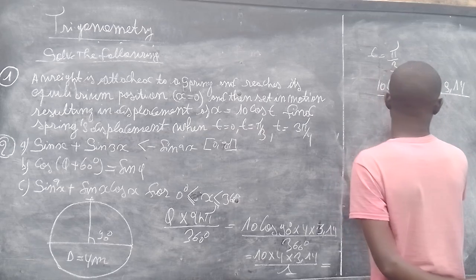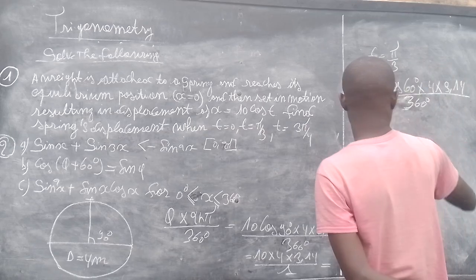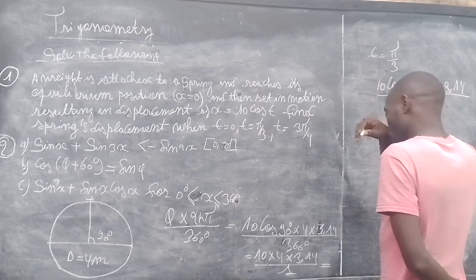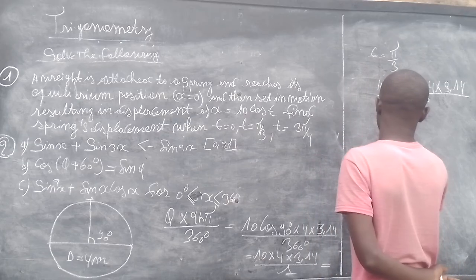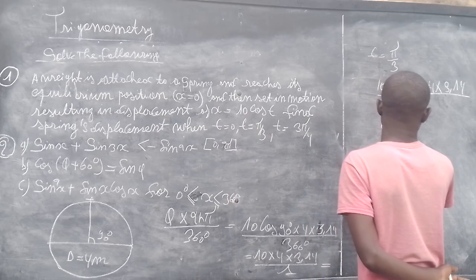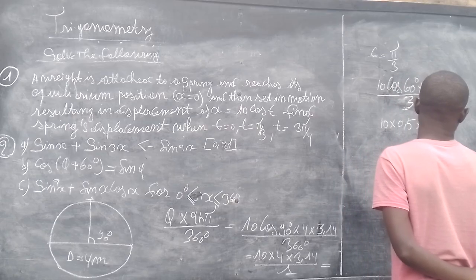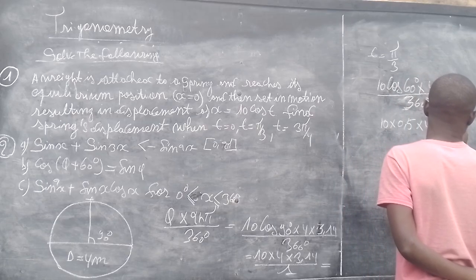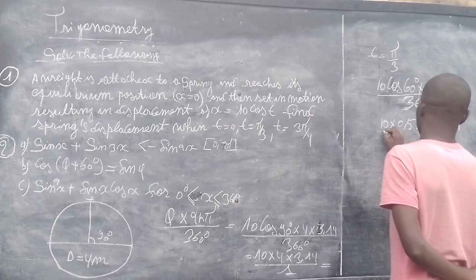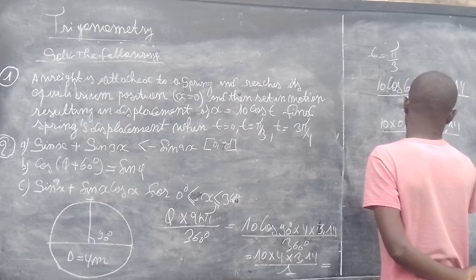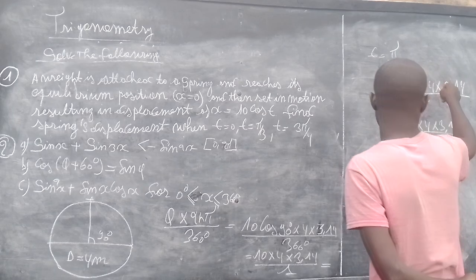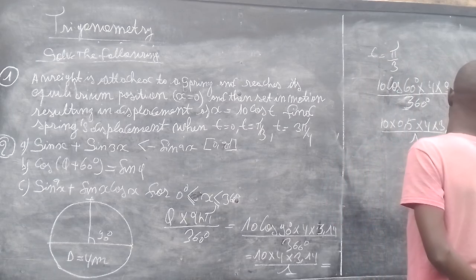Here you know that the cosine of 60 degrees is equal to 0.5. Here we have 10 times 0.5 times 4 times 3.14 over 1. So also here you may find the final answer.